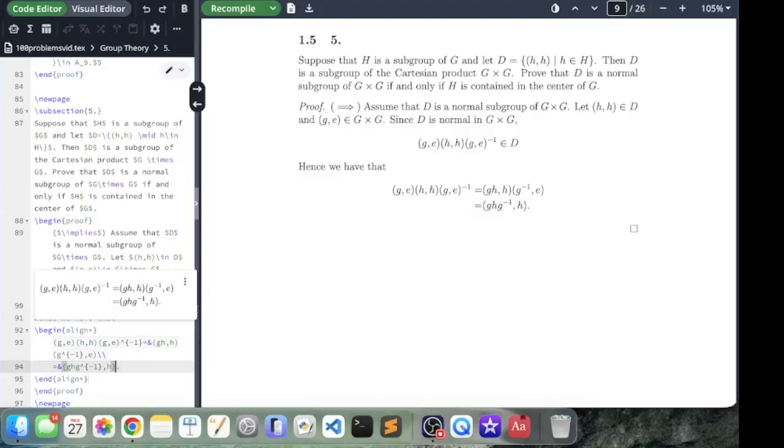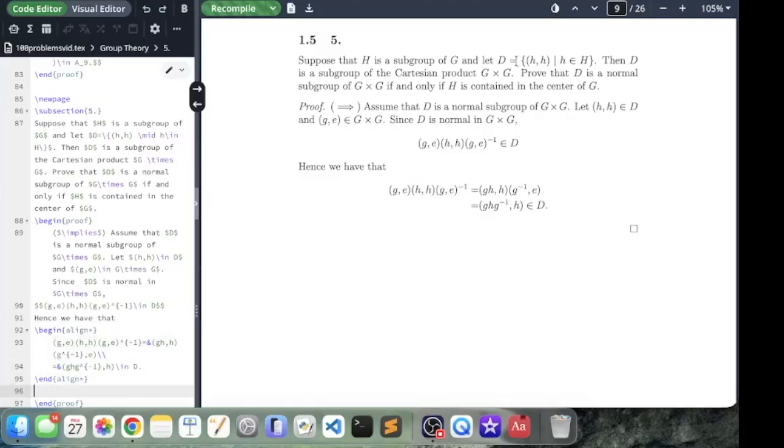We know that by the property of normality, this is still in D, and D has this special property that its elements look like (h, h). Thus we have that ghg inverse is equal to h. So gh is equal to hg.